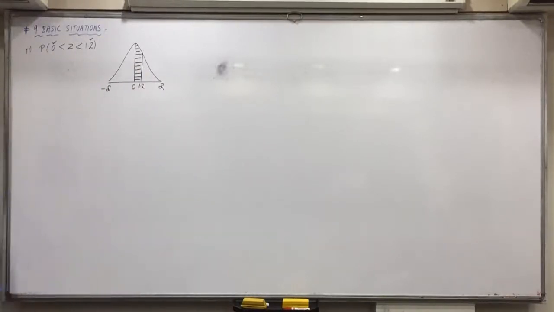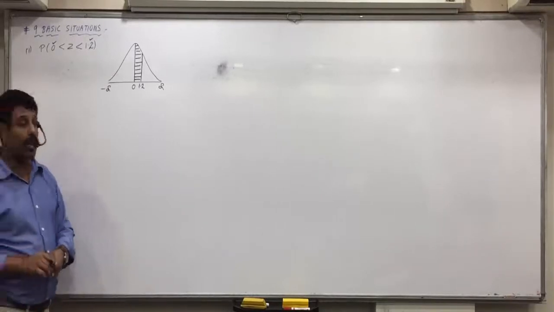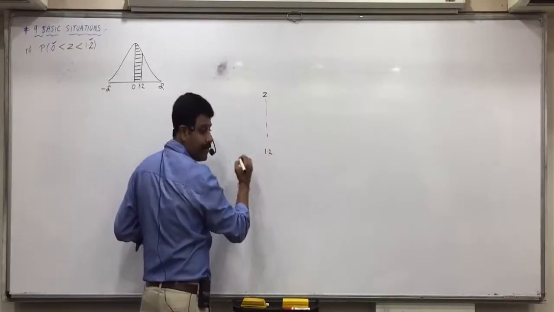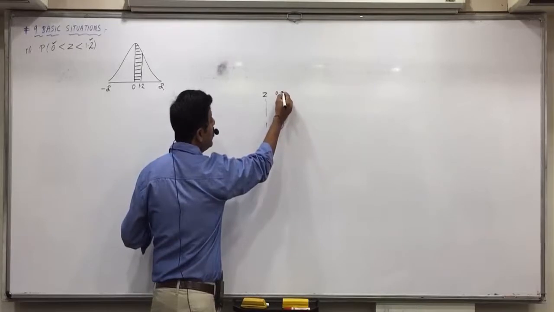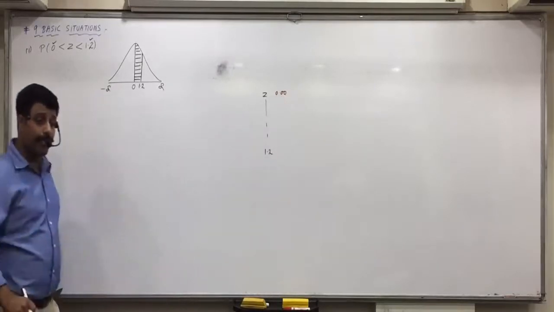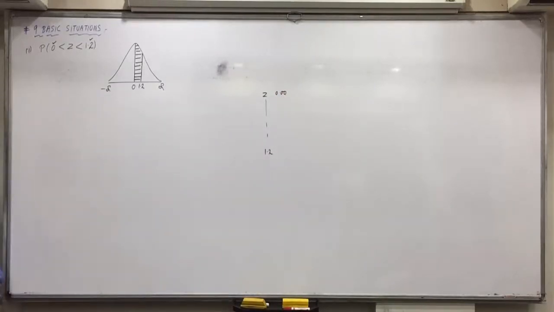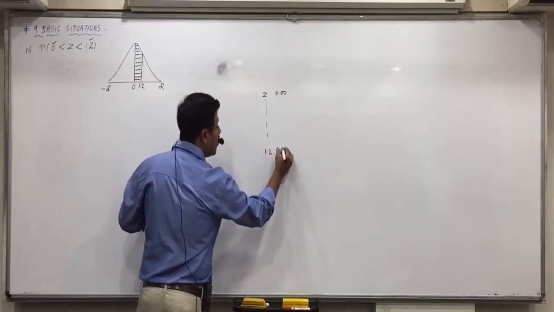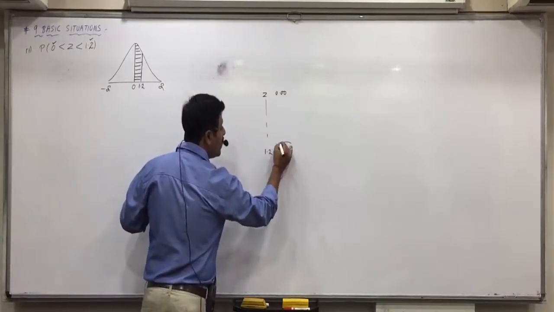Now in the table, I made you underline 0 to Z1, meaning all the areas in the table are from 0. In the first column you'll find 1.2, and against that, under 0.00, you'll find the area 0.3849. Do you all find this?